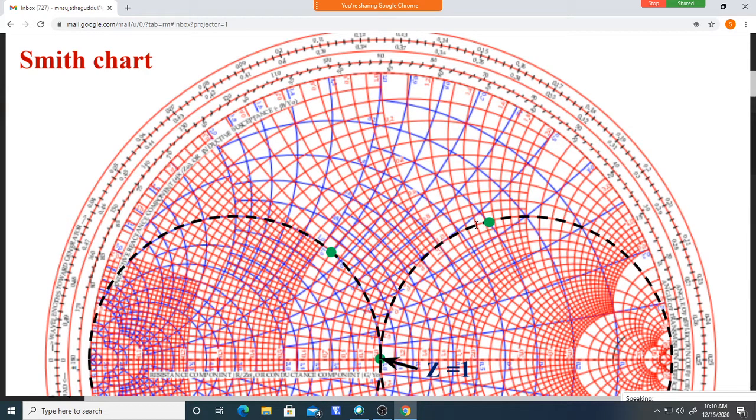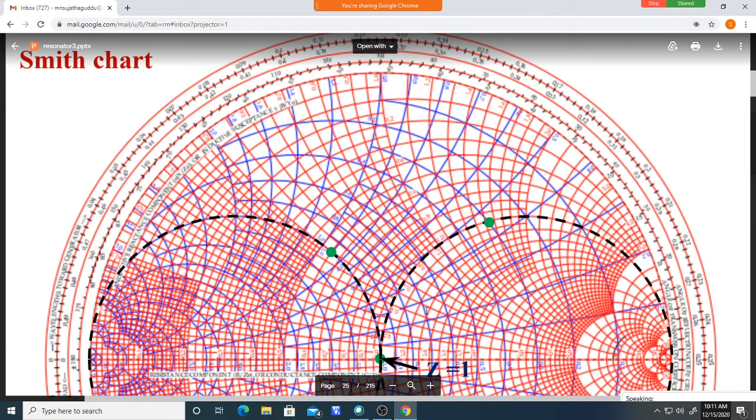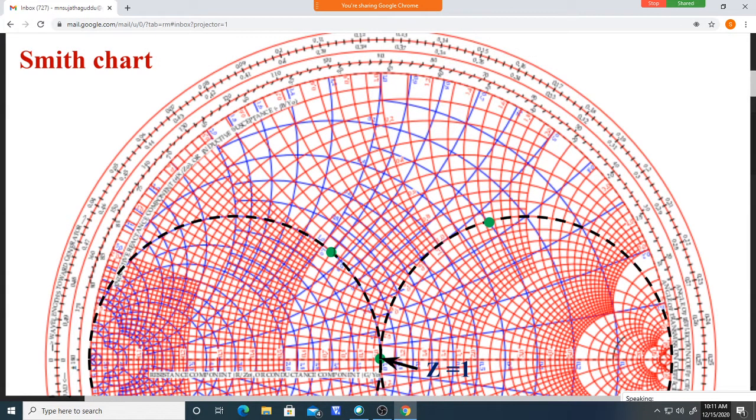You can observe here, this is a conductance circle passing through the point, and this is a resistance circle passing through the point. You should be able to identify them. Usually, take any point over the Smith chart: the resistance circle also passes through the point, the conductance circle also passes through the point.